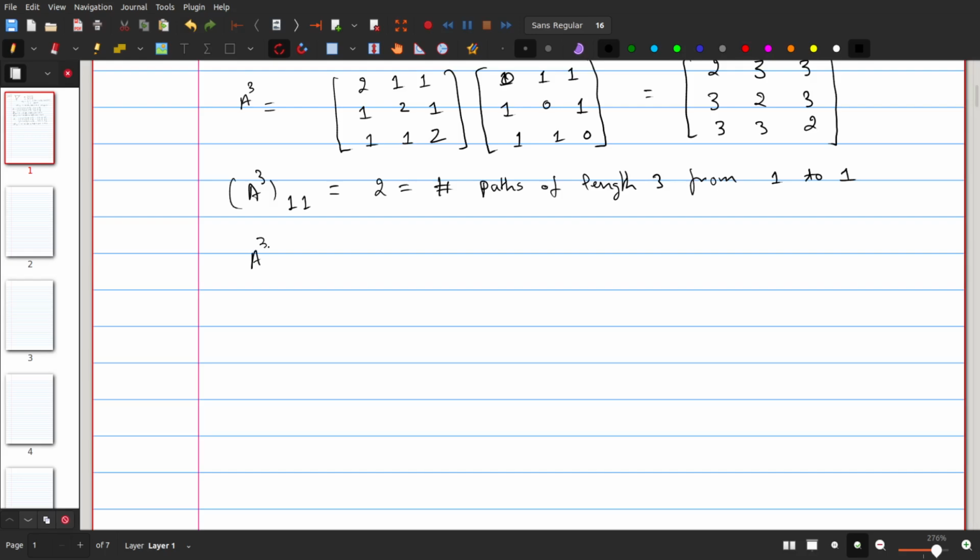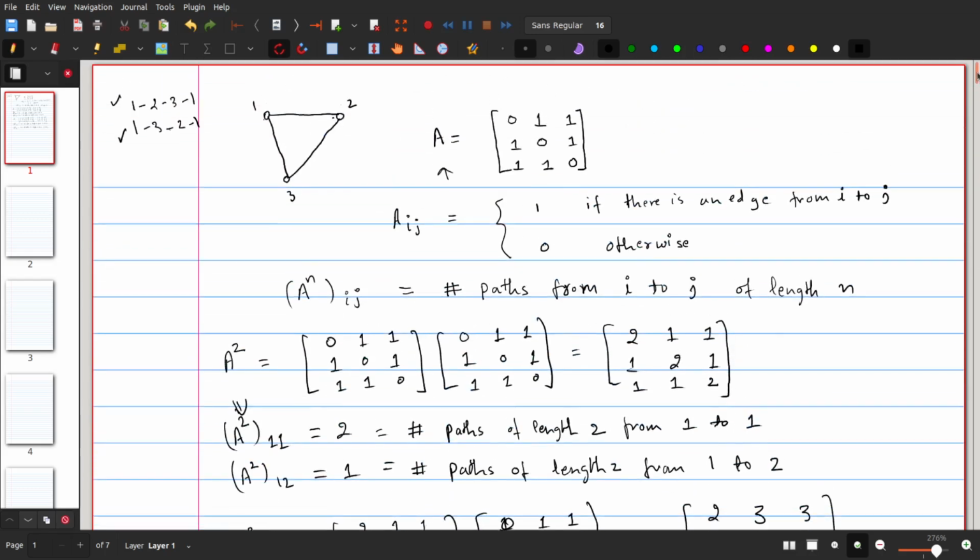If we look at the 1 2 element, then this is 3, which is the number of paths of length 3 from 1 to 2.